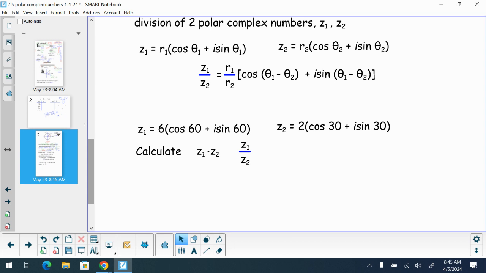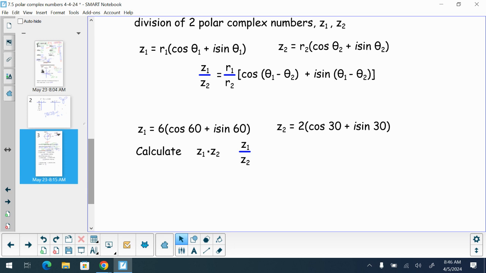So when you're dividing your two magnitudes, your cosine is subtraction of the two angles, top minus bottom, plus I sine of the subtraction of the two angles, once again, top minus bottom.